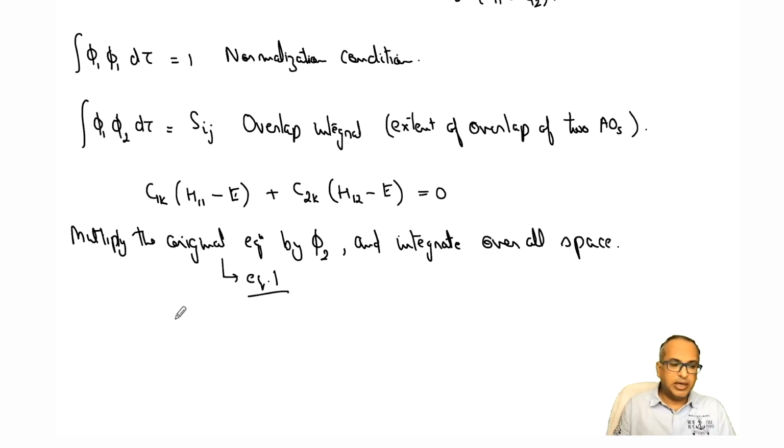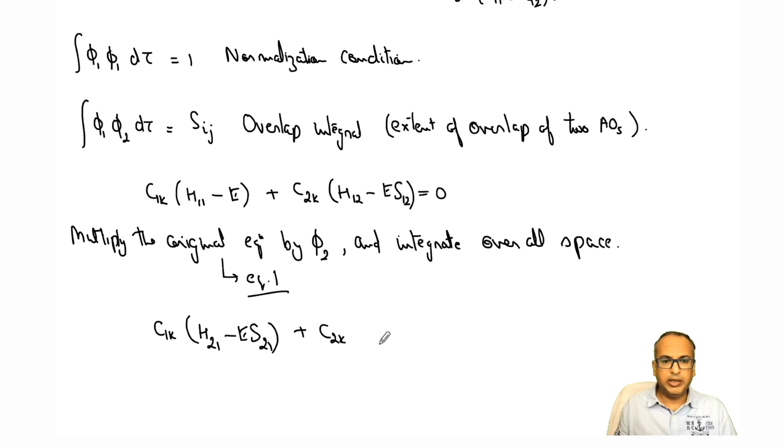If we do that, we'll get a similar equation, but now we'll get C1k times (H21 minus E S21), wait, there is one more term over here, E into S12, S21, plus C2k times (H22 minus E) equals 0.